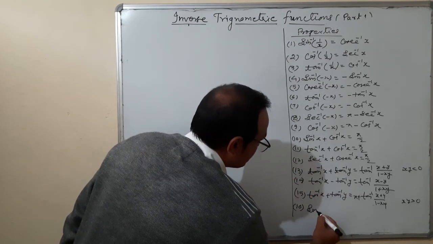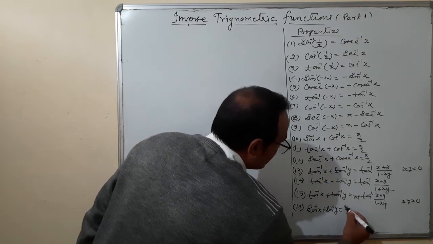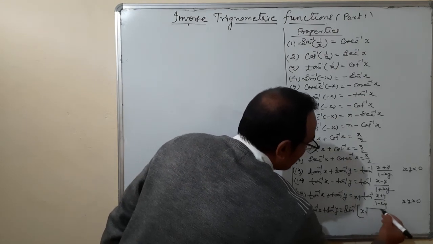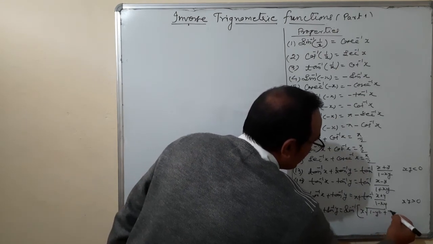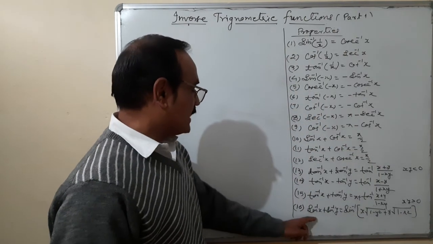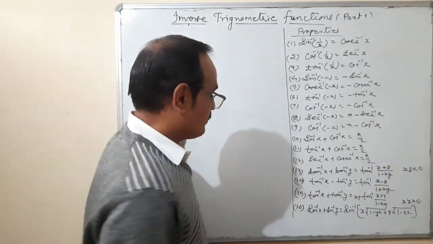Sin inverse x plus sin inverse y is equal to sin inverse of x under root 1 minus y square plus y under root 1 minus x square. If it is sin inverse x minus sin inverse y, then only this plus sign will be changed to minus.